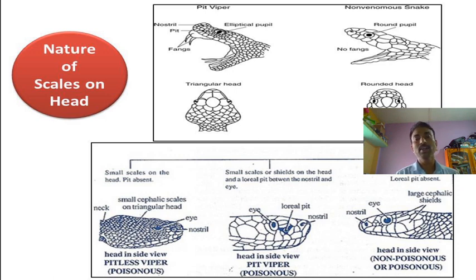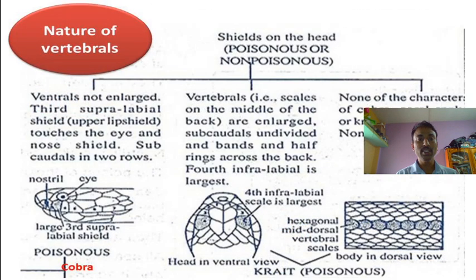Another character: the supralabial and infralabial scales also let us differentiate. In the cobra, this is the large third supralabial shield. There are 1, 2, 3, 4, 5 labial shields present. Out of these 5, the third supralabial is the larger one.